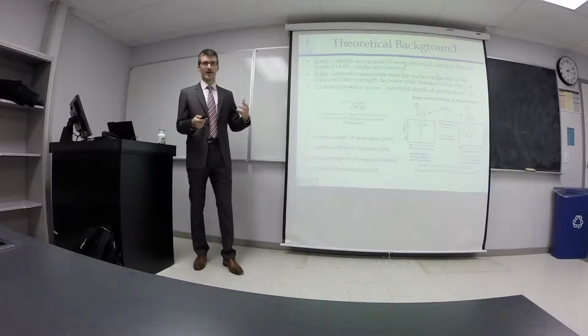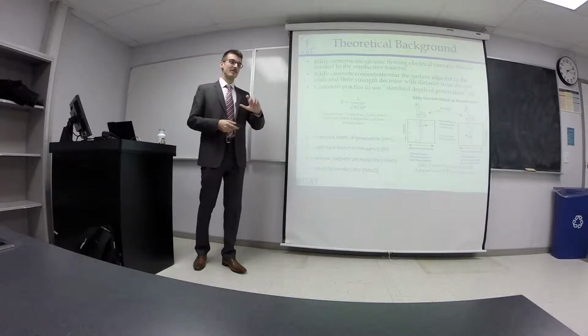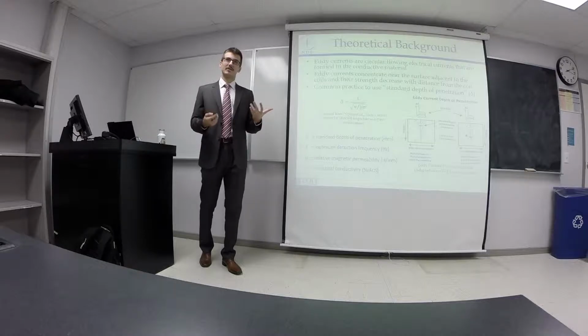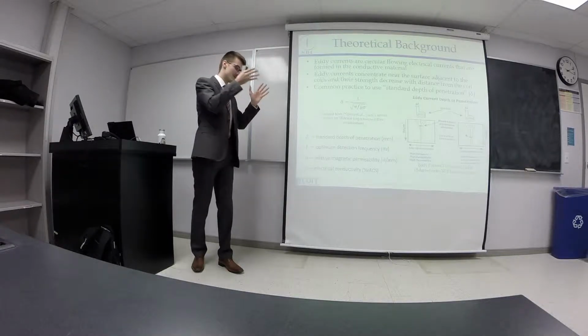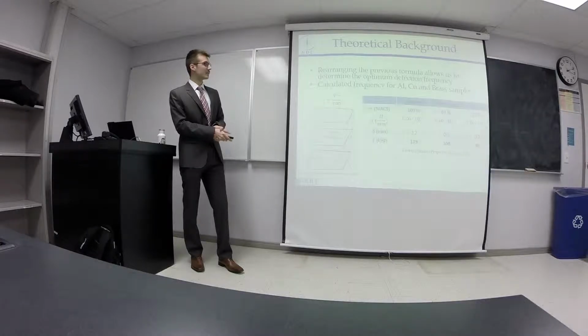It is common practice that the standard depth of penetration is set to around 37% of the maximum eddy current concentration. Beyond that, you're not going to get a nice signal or a distinct differentiation of what you're looking at. There'll just be a lot of noise that you will not be able to use.